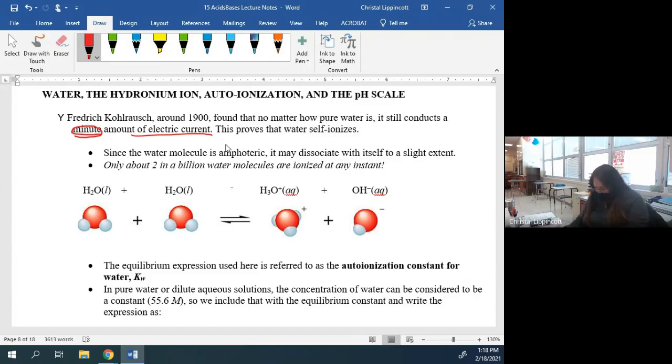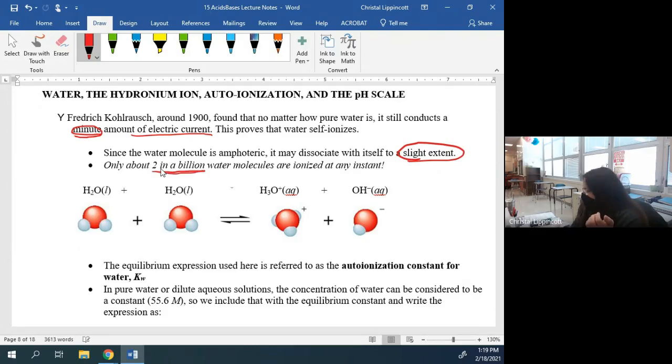About 2 out of every billion water molecules are ionized. So that's why it's a stupidly small number. But water is amphoteric and it does dissociate to a very slight extent. Again, about 2 in a billion ionize.